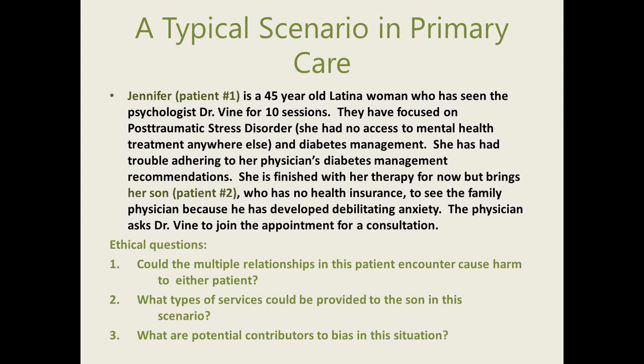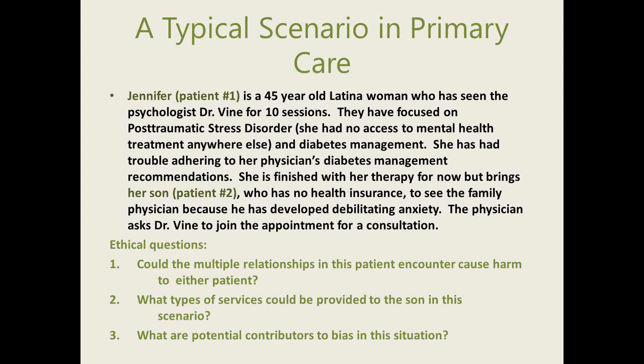This case has a few points that commonly occur in primary care settings. One, you have a patient who does not have access to services elsewhere. Oftentimes people do not have access to services elsewhere or are unwilling to go to a specialty mental health clinic. We'll talk a little more about what research has shown in terms of people accessing specialty mental health. Two, the patients know each other.